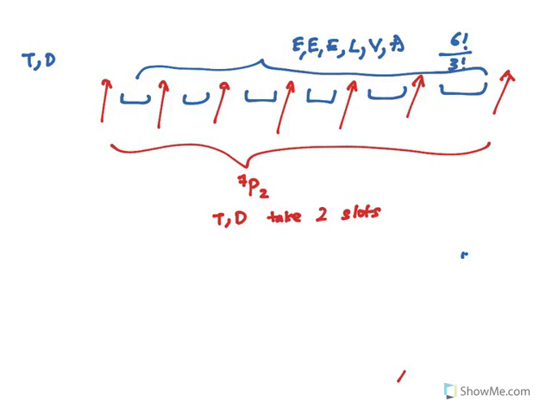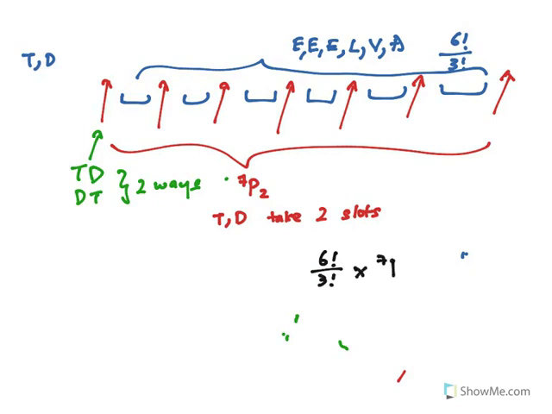Above all, you should notice that if I slot in TD here, it can be TD, it can also be DT, so you have a total of 2 ways, or 2 factorial ways. So my final answer would be 6 factorial over 3 factorial multiplied by 7 permute 2.